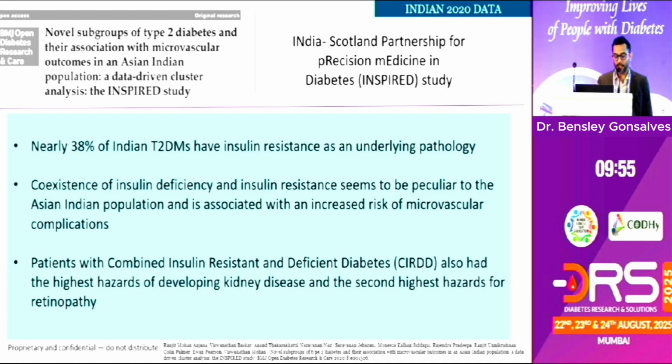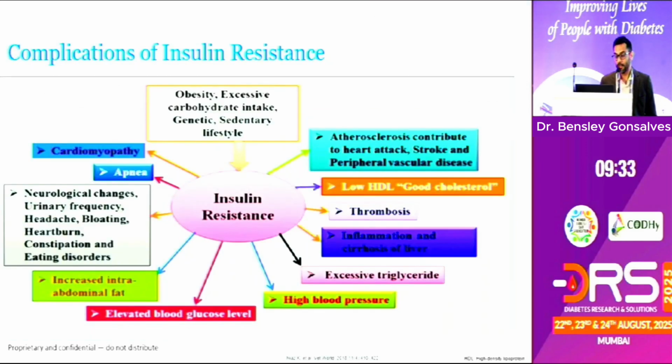Coexisting insulin deficiency and resistance makes these people more prone to micro as well as macrovascular complications. Specifically, patients with insulin resistant and deficient diabetes were seen developing retinopathy and other microvascular complications.